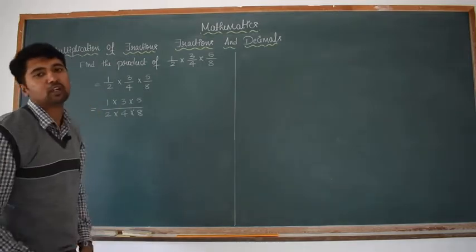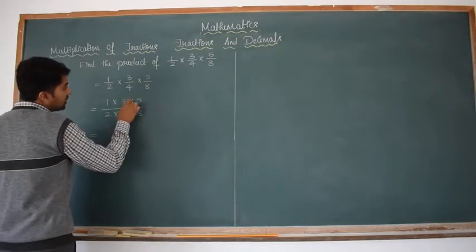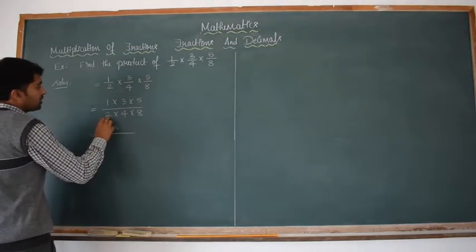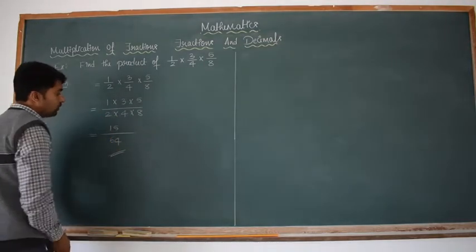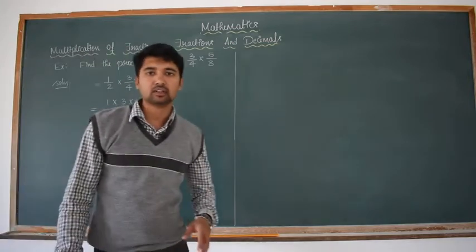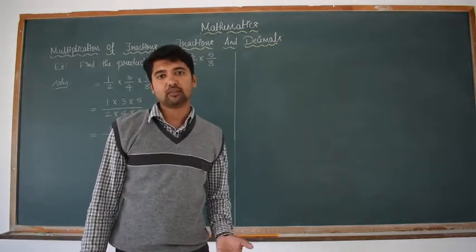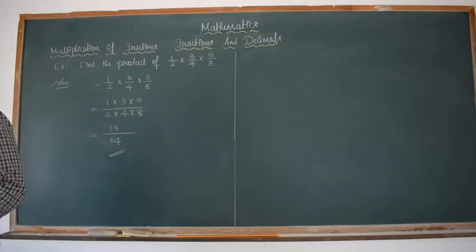So at that moment you just multiply and keep the answer. 1 3s are 3, 3 5s are 15, divided by 2 4s are 8, 8 8s are 64. 15 by 64 is your answer. Okay, so you can multiply 3 or more fractions together. Understood? So one more problem let me take from exercise 4K.